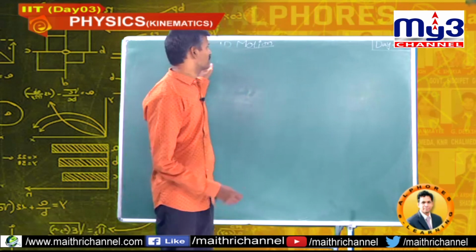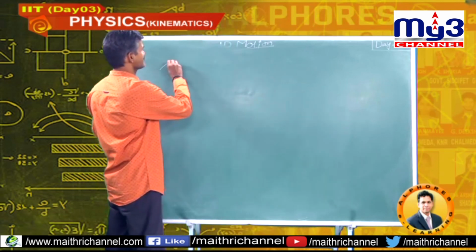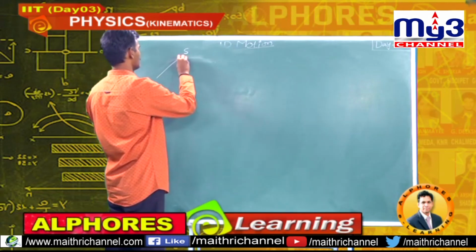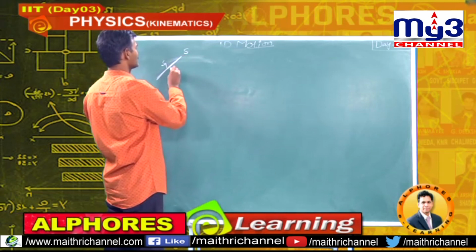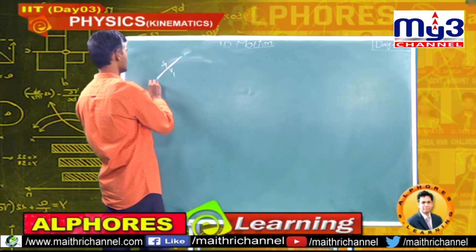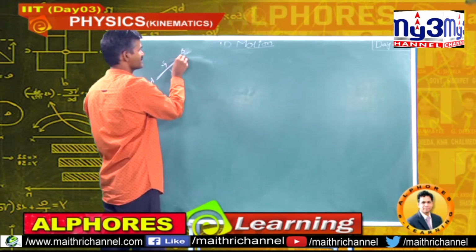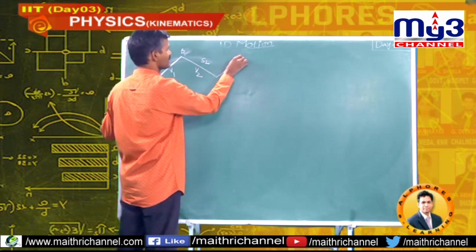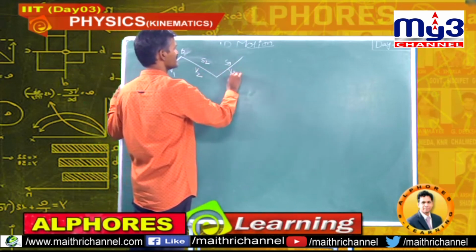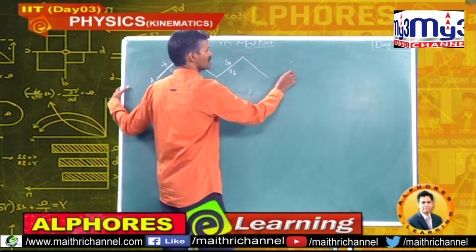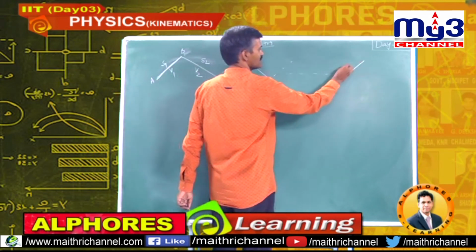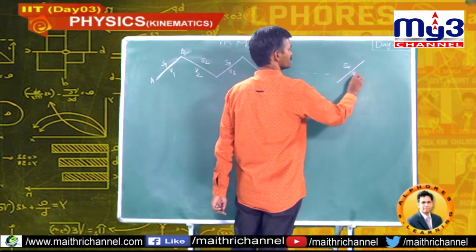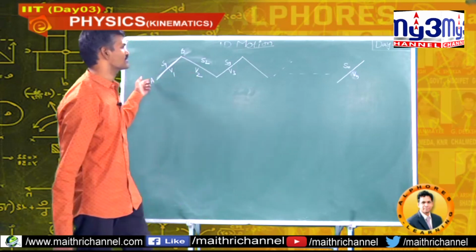Our next case is: a body travels a distance S1 with speed V1 from A to B, after that it travels a distance S2 with speed V2, and then S3 with speed V3, and so on. Like this it covers the last distance Sn with speed Vn. How do we calculate the average speed for this journey?